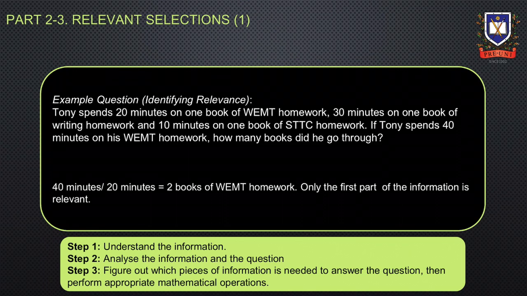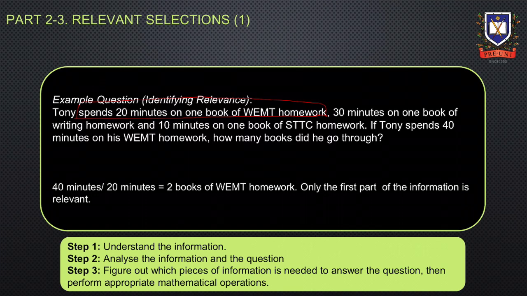We are only looking at the time it takes for Tony to finish his WEMT work. So the information about the writing homework and the STTC homework is irrelevant and can be ignored.